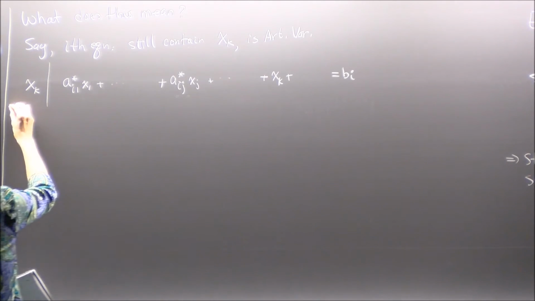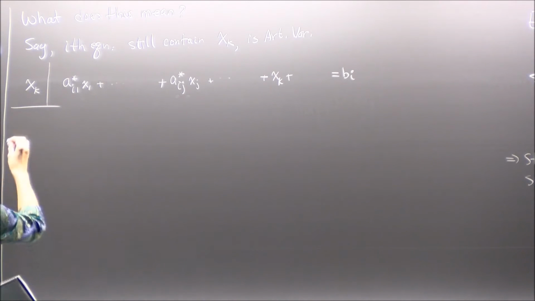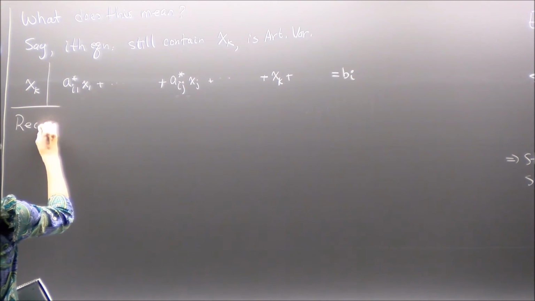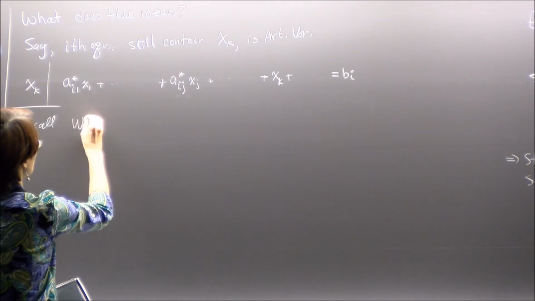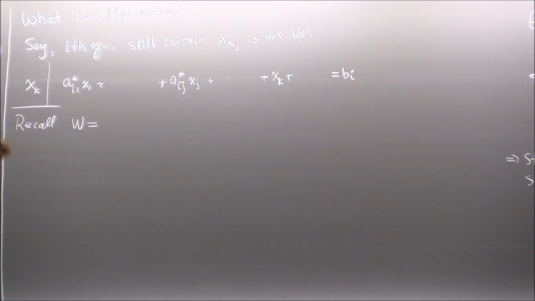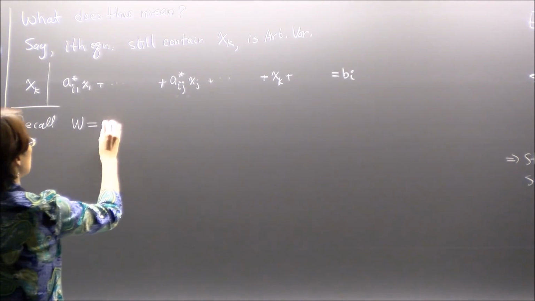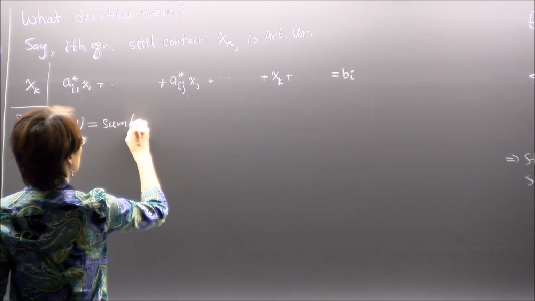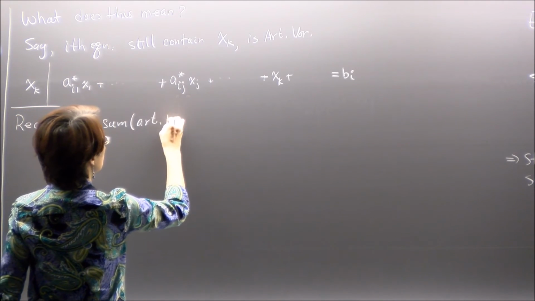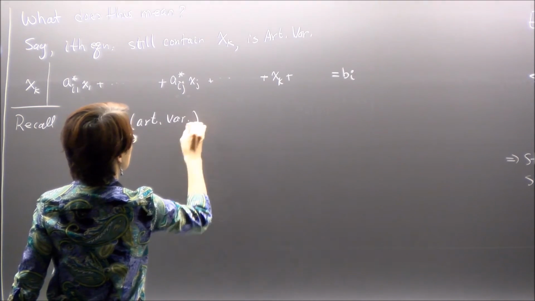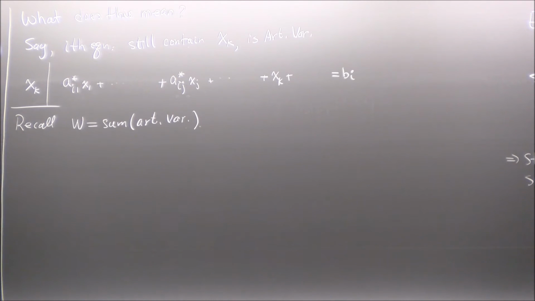Okay, so let's analyze. So now I know that W equals 0 at the basic solution, and I also know W is the sum of all artificial variables. If W equals 0, what happens to all artificial variables?